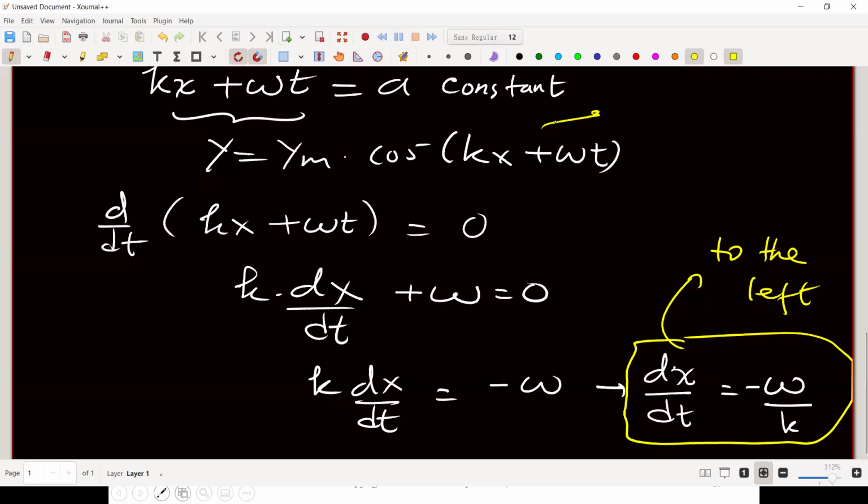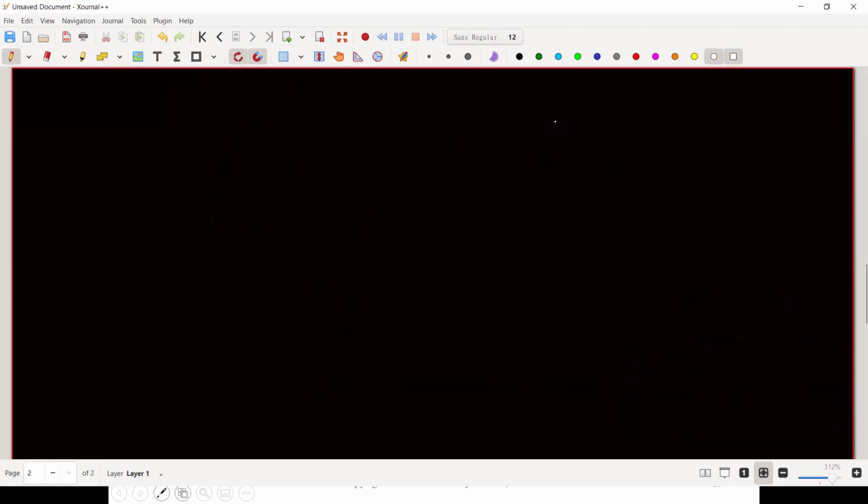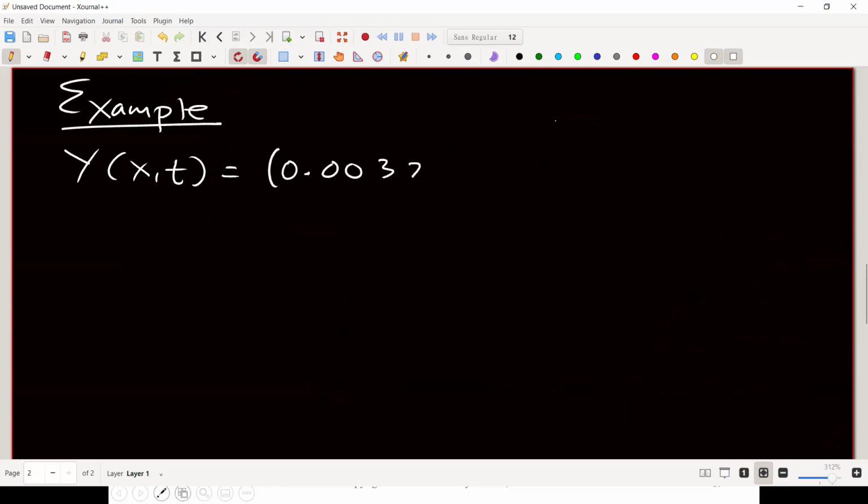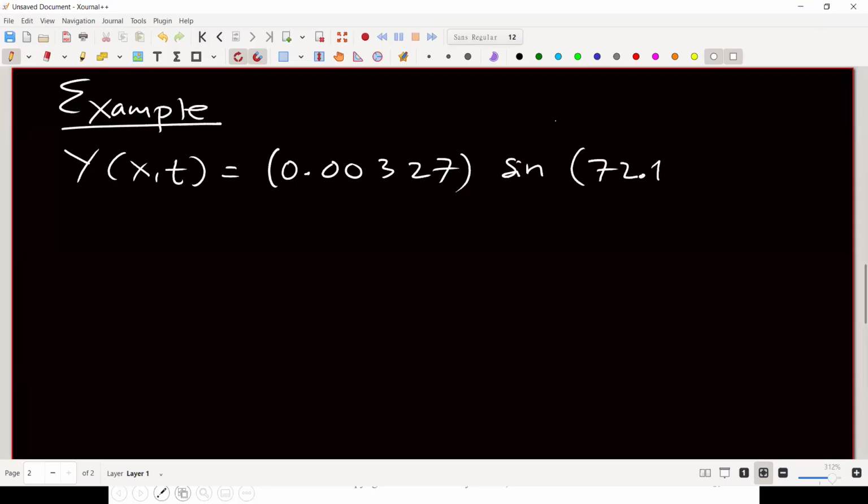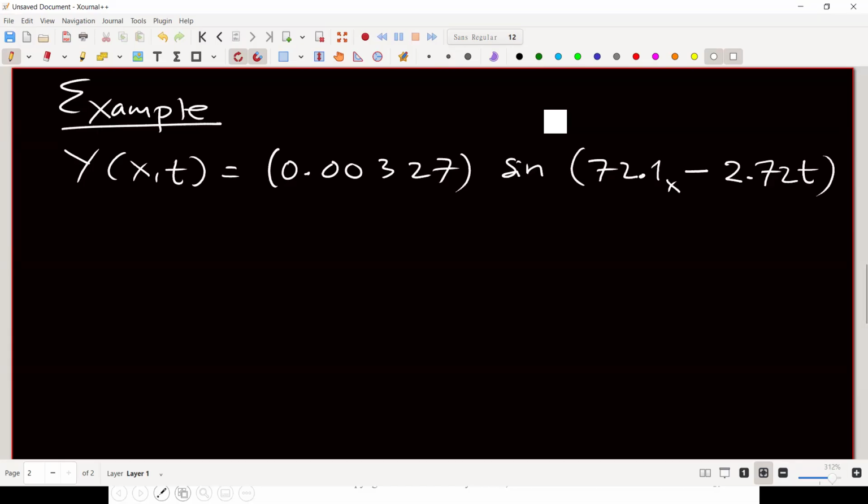For example, if we have a wave equation y(x, t) equals 0.00327 sin(72.1 x minus 2.72 t).